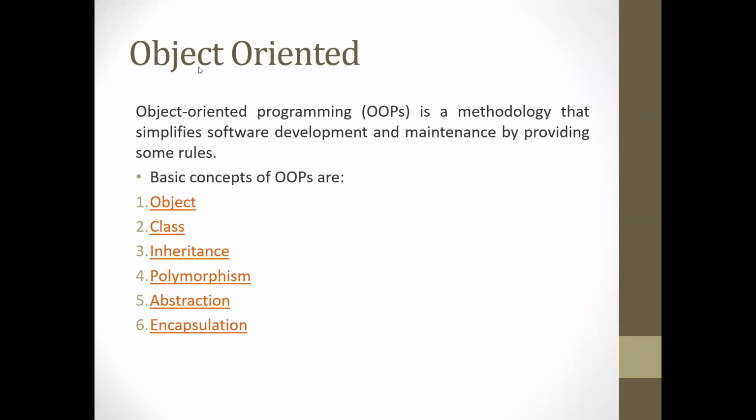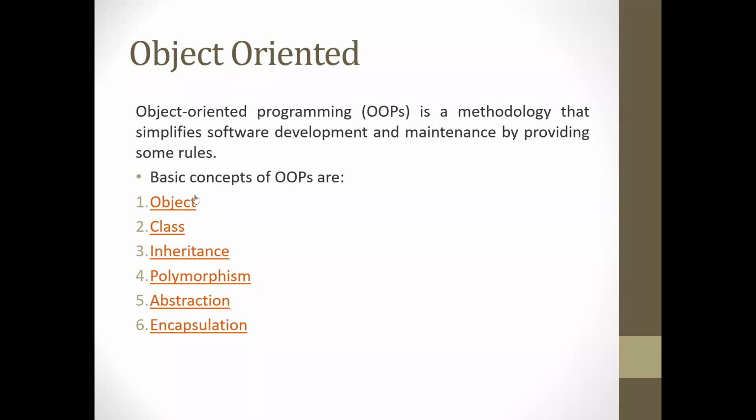Second, Java is a purely object-oriented programming language, as it deals with the concept of objects. It also deals with classes, inheritance, polymorphism, abstraction, and encapsulation. As you know, an object is basically one single instance.